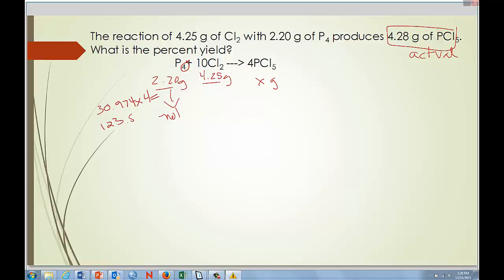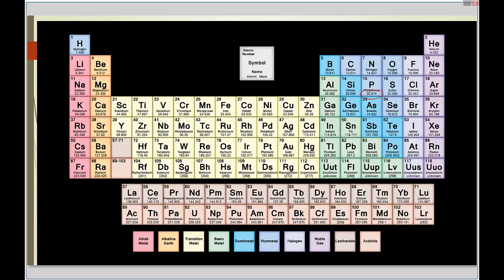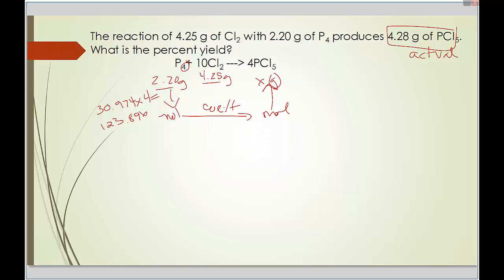Once we get into moles, then we can go moles to moles using the coefficients. And then go moles to grams by looking at the molar mass of PCl5. Because grams, that's why we need to know the molar mass. So by looking on the periodic table, P is 30.974, and I have 1 of them. And chlorine, I have 5 of them. And I look at chlorine, and I see 35.453.